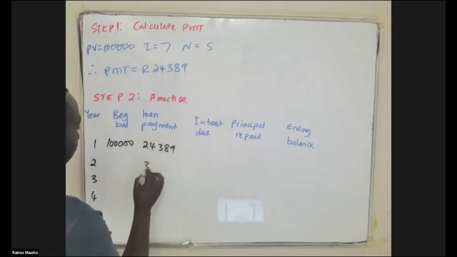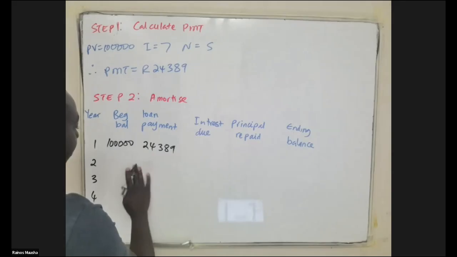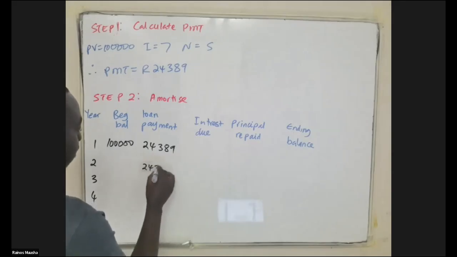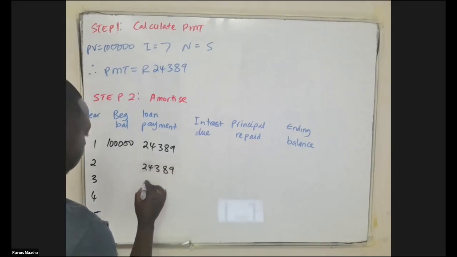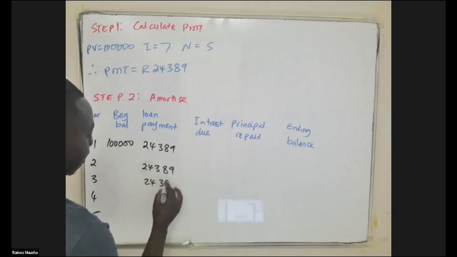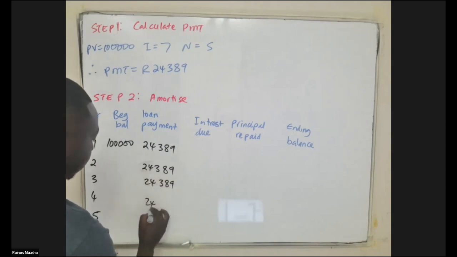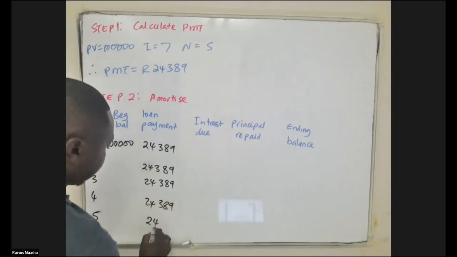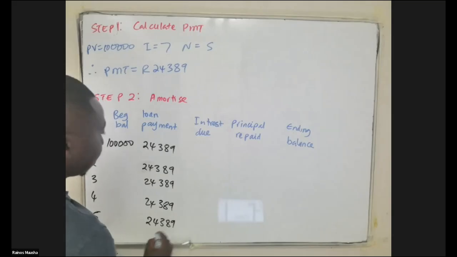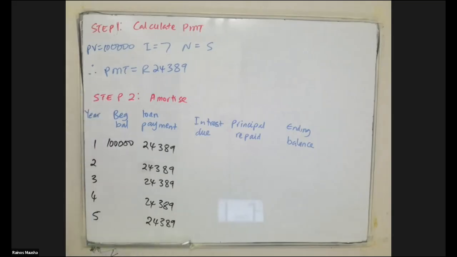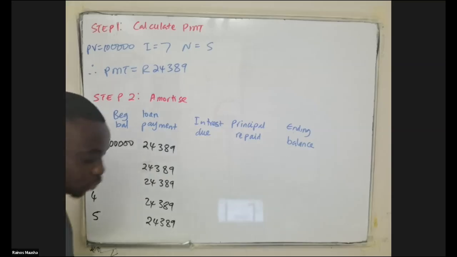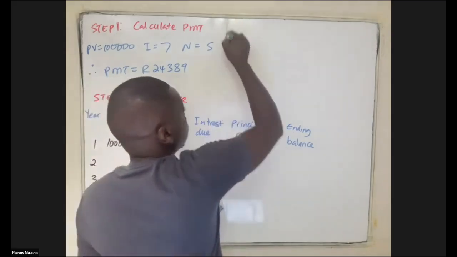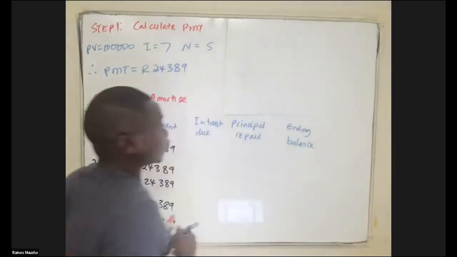So this remains the same. Now you need to find out exactly, every time I make this loan payment, how much is going towards interest payments, and how much is going towards repaying the amounts due, the principal repaid as well.